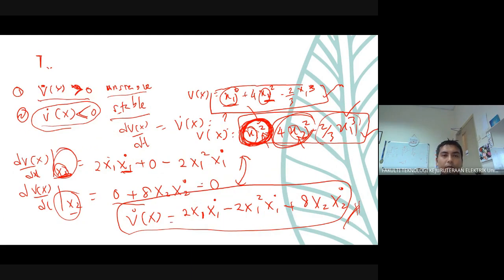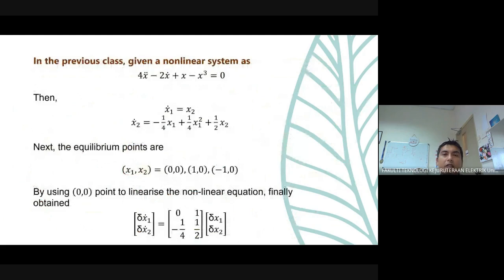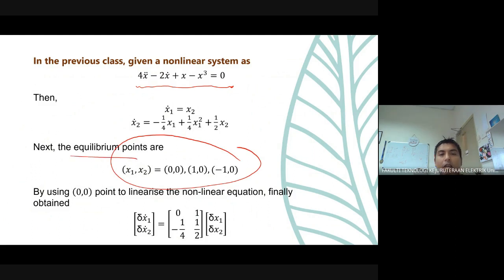It's quite simple and easy. Right. So that's the end of the nonlinear chapter. There are three important topics. Firstly, you have the nonlinear system. Then you need to find the equilibrium points, and after that, you need to linearize the nonlinear equation based on the equilibrium points.